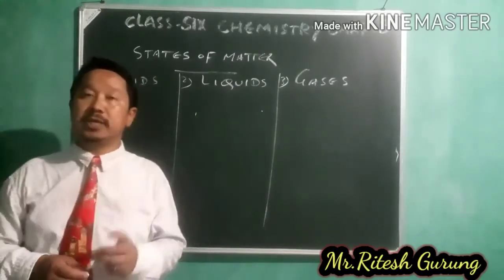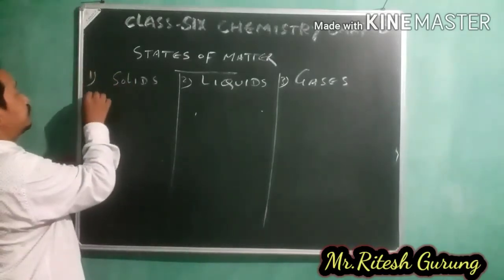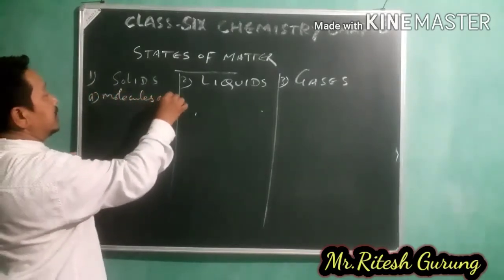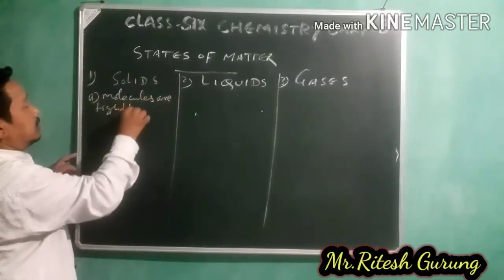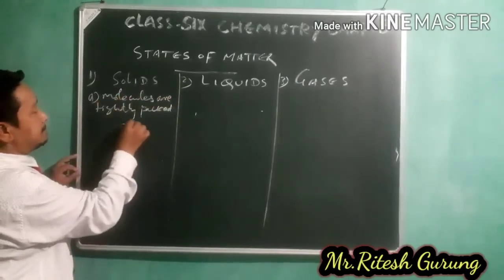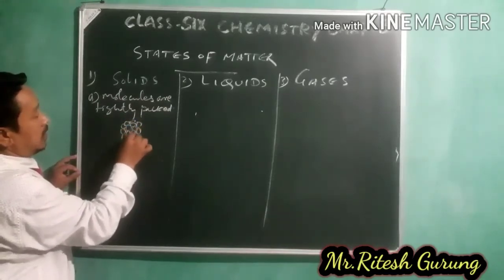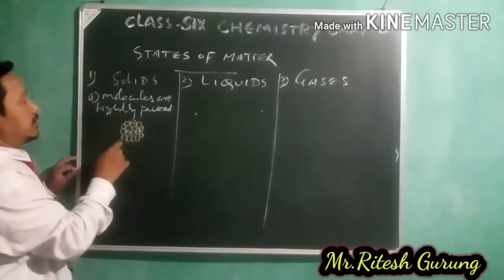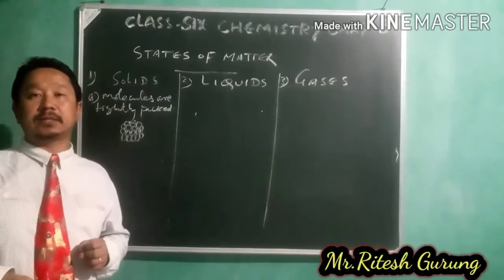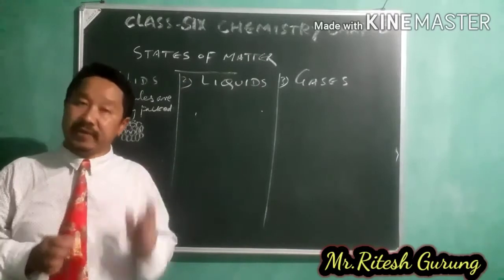First we'll talk about solids. In solids, molecules are tightly packed. Suppose like this: see the number of molecules you see here being tightly packed, so that they have a definite shape and a definite volume.